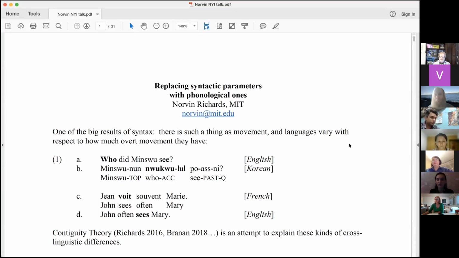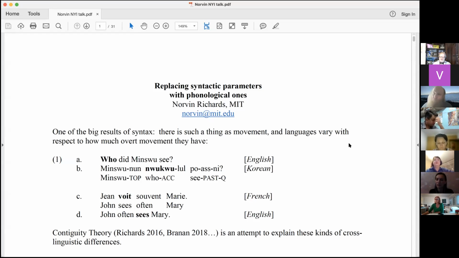And English, on the other hand, is a language in which the verb does not do that. And if you ask standard issue minimalism why, for example, English has overt WH movement and Korean does not, standard issue minimalism gives you answers like, well, that's because the WH feature in English is strong and the WH feature in Korean is weak.